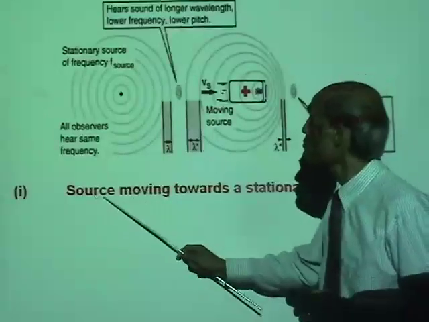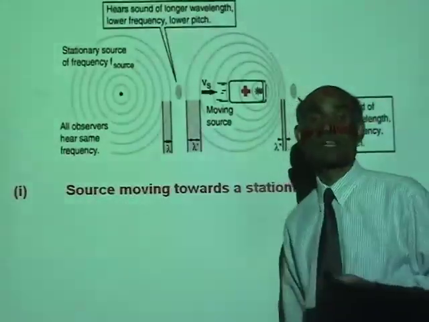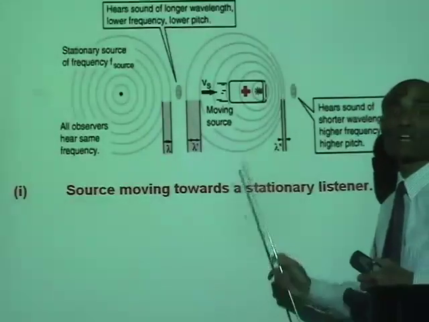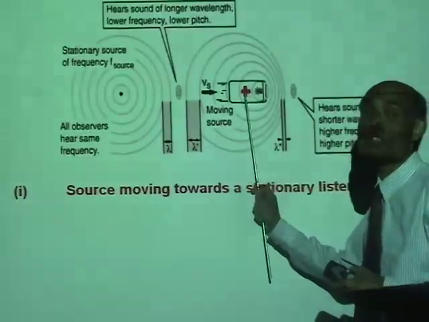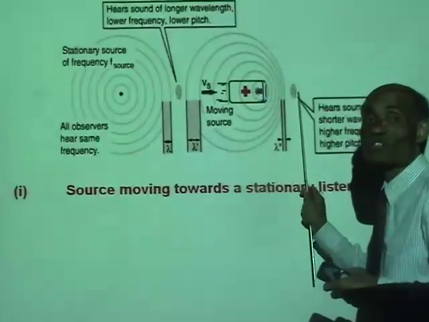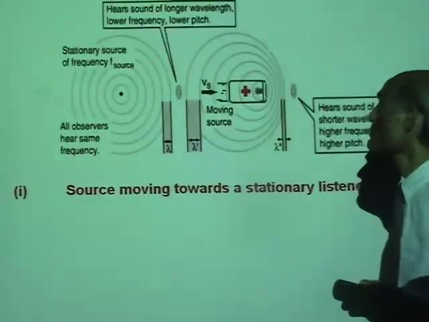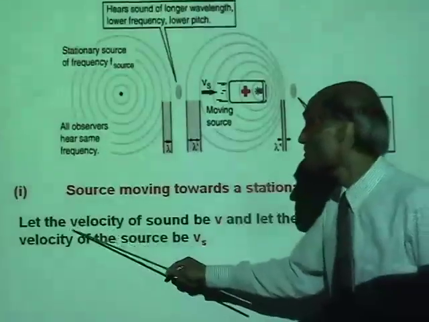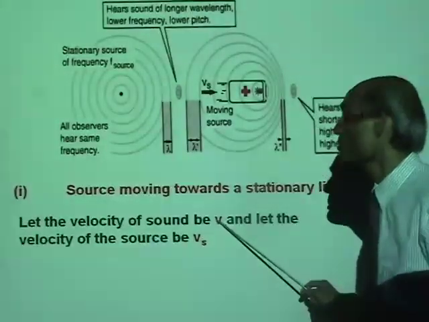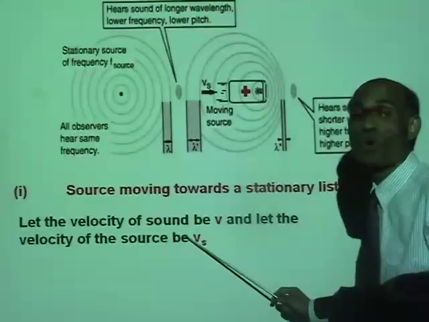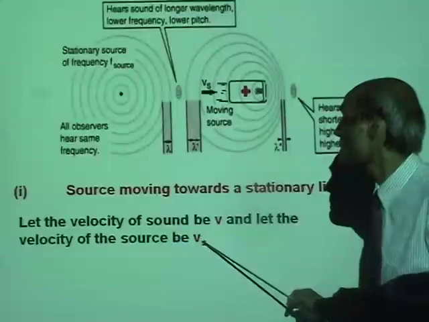So here we have a source. Let's talk about the source moving towards a stationary listener. That means we are now going to concentrate on the ambulance moving towards this listener. Source moving towards a stationary listener. Let the velocity of the sound be v, and the velocity of the source be v sub s.